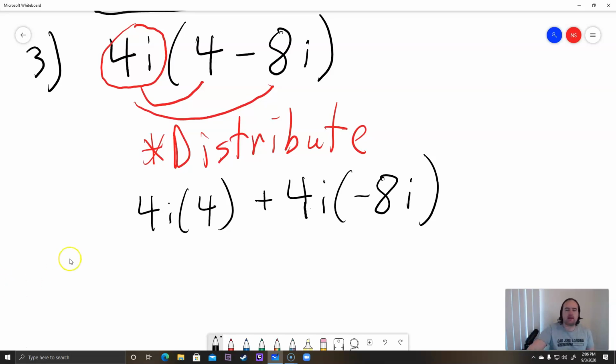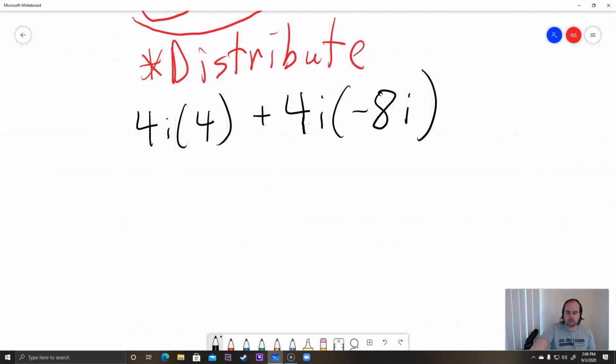Okay, and then we need to simplify this. And remember, when you're multiplying, just treat i as if it were a variable. Okay, so here for the first term, we know that 4 times 4 is 16i. Okay, so the first term is going to be 16i.